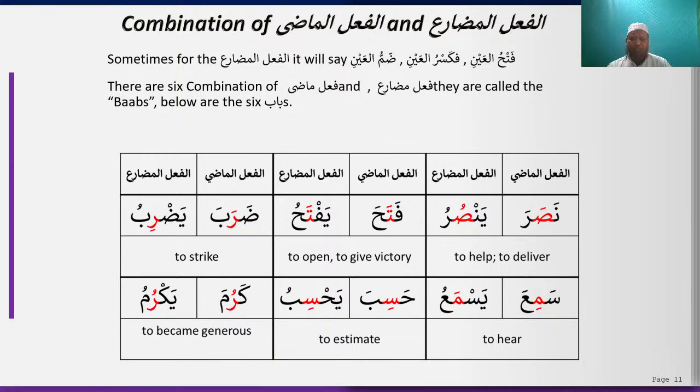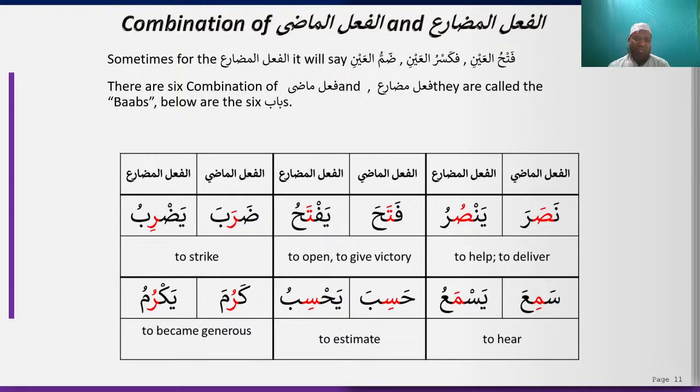For example, I have the fil jalasa, jalasa. See, in the dictionary, to make it short, they will just have the fil madi jalasa. Instead of writing fil mudari, all of it, if they write everything, the dictionary will be twice as big as what we have now, or 3 times bigger.